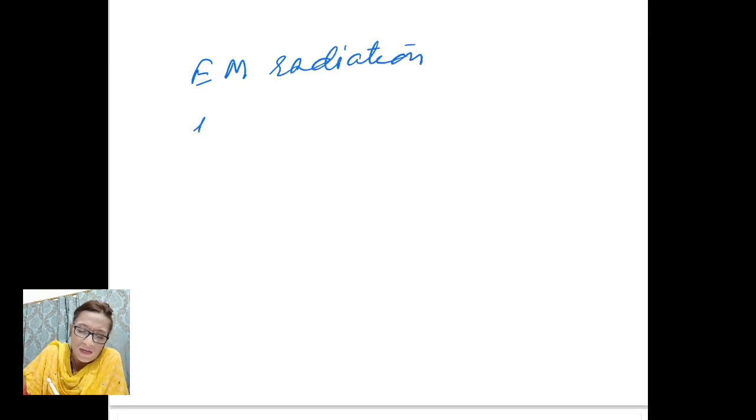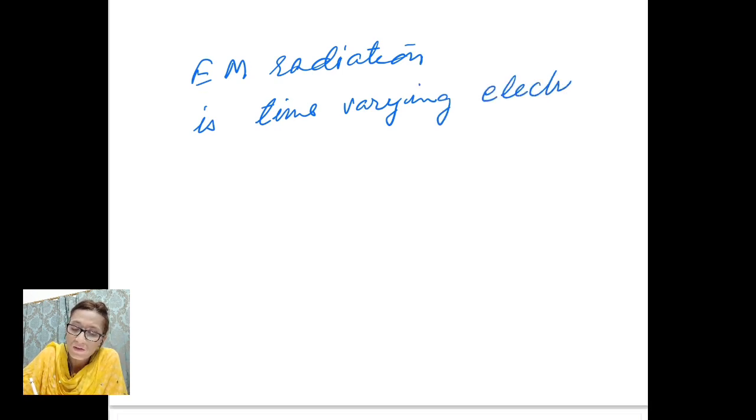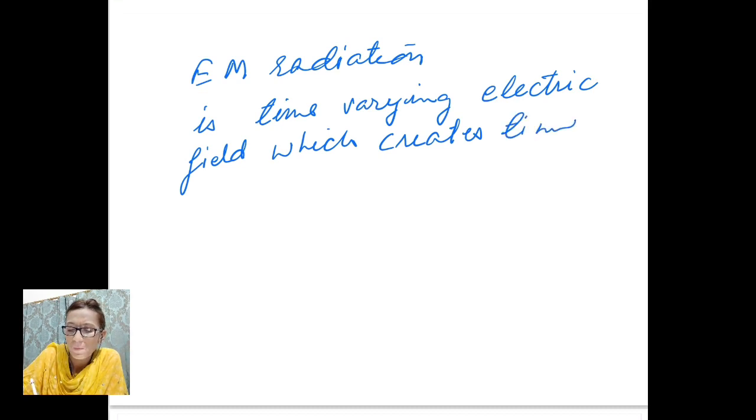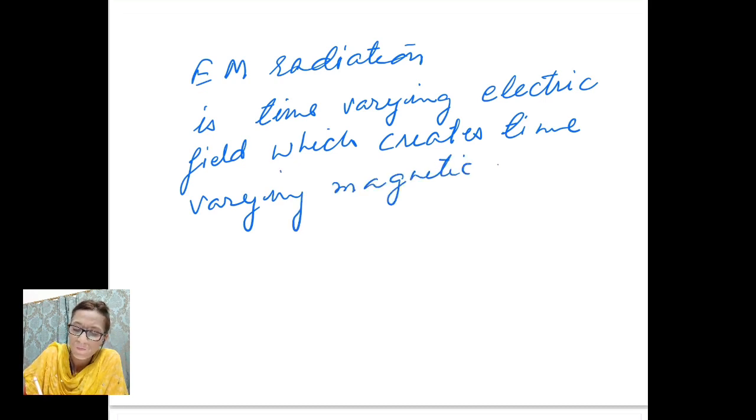I am writing here. The two fields are perpendicular, so EM radiation is a time varying electric field which creates a time varying magnetic field perpendicular to it.